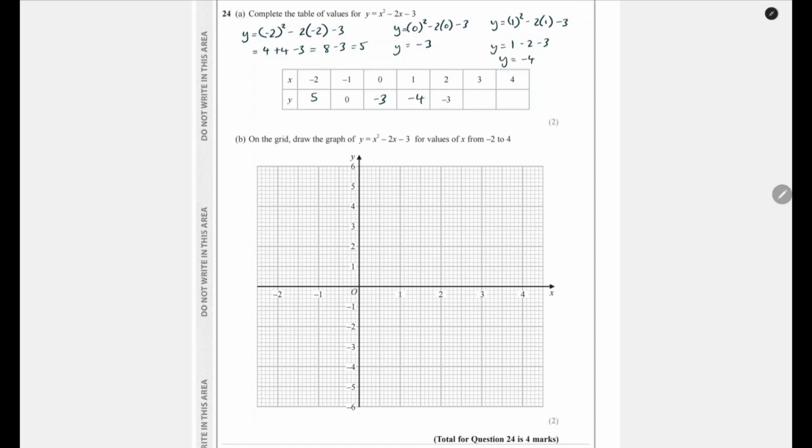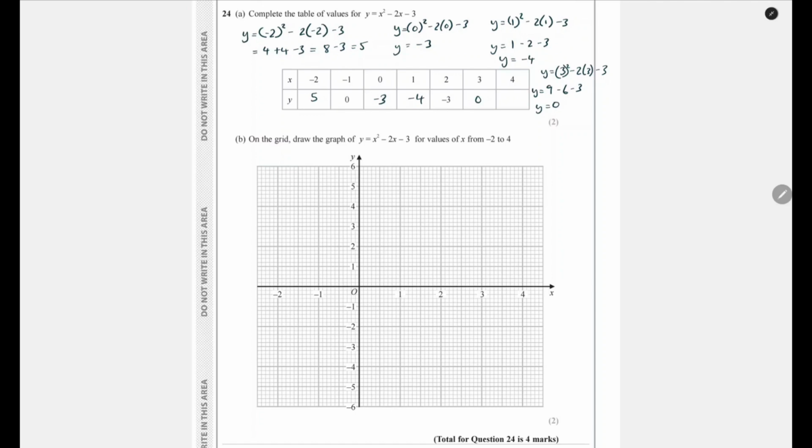If we do the same thing for 3 and 4, we should get y is equal to 3 squared minus 2 times 3 minus 3. Y is equal to 3 squared is 9 minus 2 times 3, which is minus 6 minus 3. And therefore y is equal to 0 when x is equal to 3.